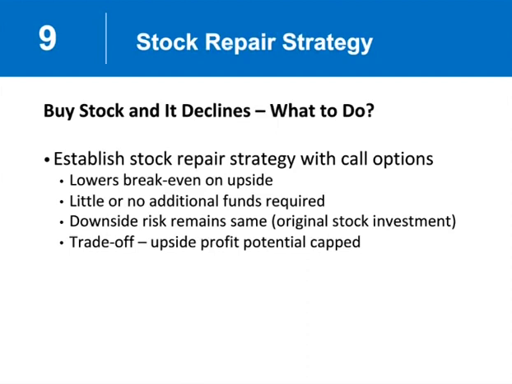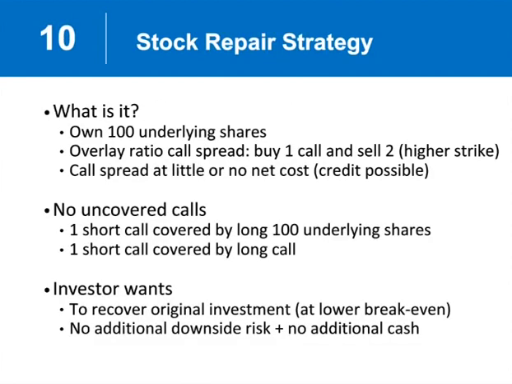Okay, and we'll go through the example so you can further understand that. The trade-off would be we're going to lower our break-even point with the stock purchase that's gone bad, but our upside profit potential will be capped at a lower price. So that again, as I suggested, building the base of knowledge for options can be a lifelong mission.